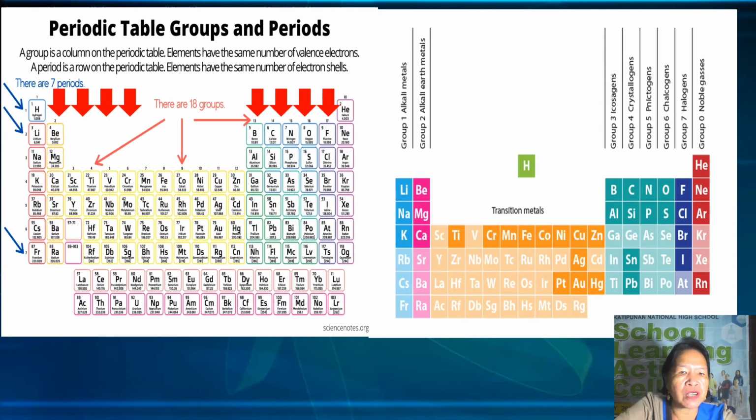The columns are numbered from 1 up to number 18, and these numbers are used as the group number for the elements. So the groupings before were changed to numbers. Okay, there are 18 groups of the elements.